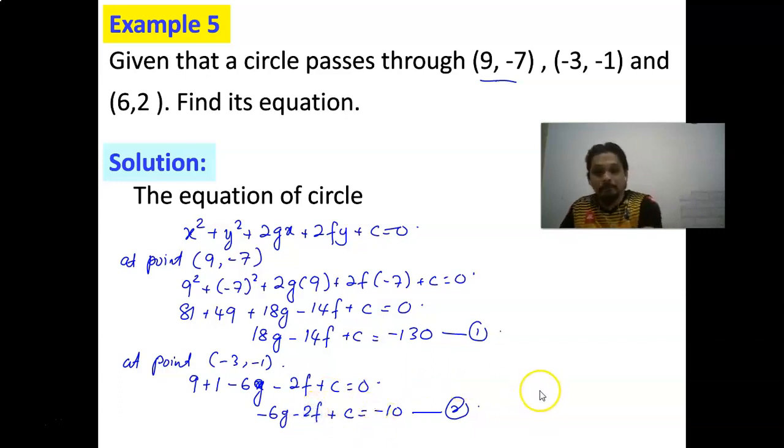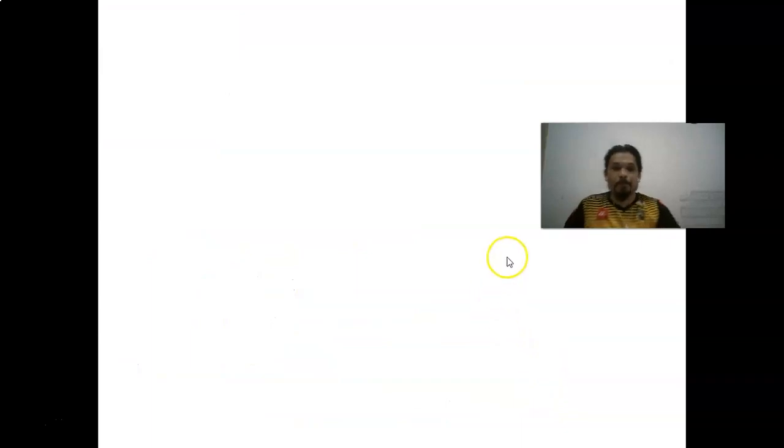Well, next, at the coordinate of 6 and 2.